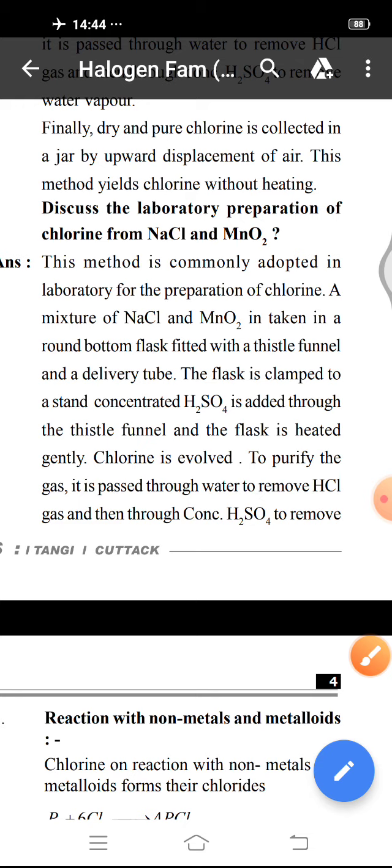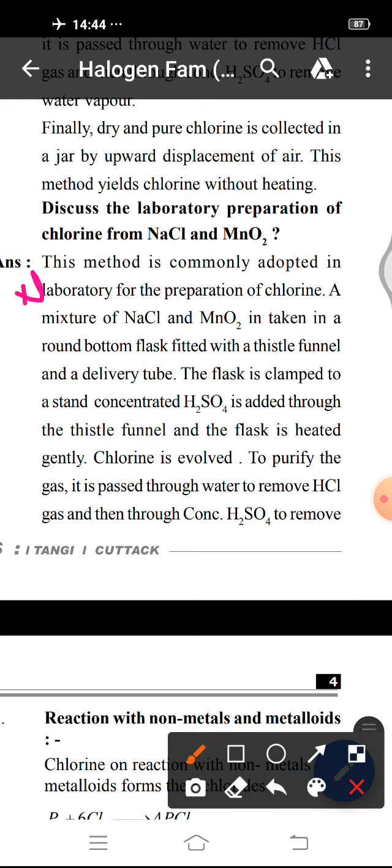See the equation. When NaCl reacts with H2SO4, it forms NaHSO4 and HCl.